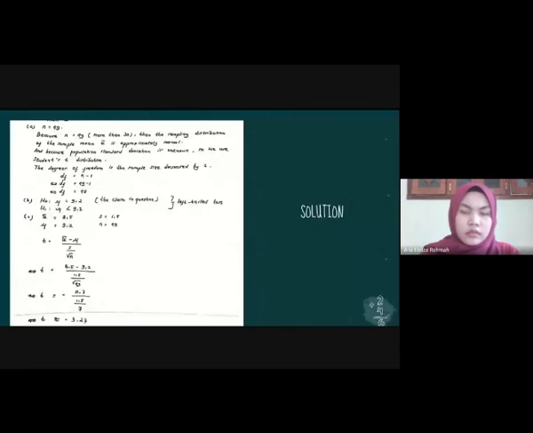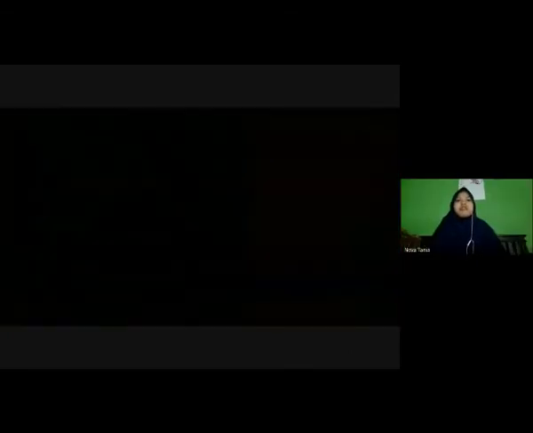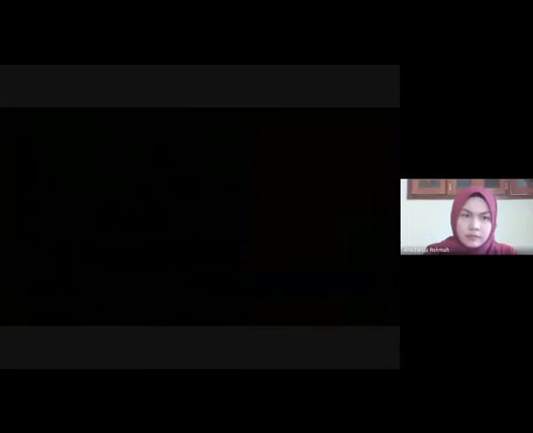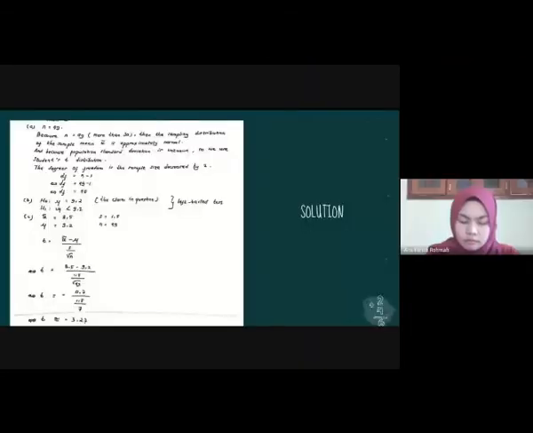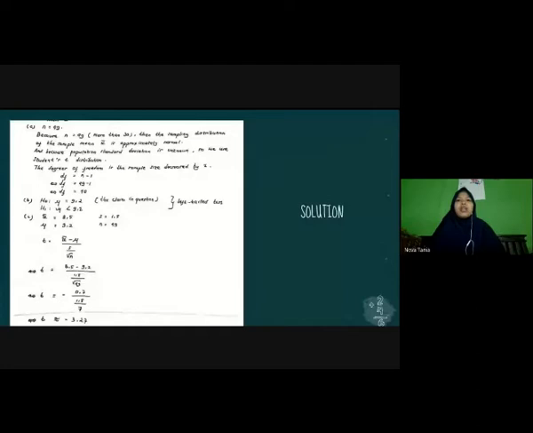Okay, from the question, for A, we know that the sample n is equal to 49, which is more than 30, so the sampling distribution of the sample mean x bar is approximately normal.